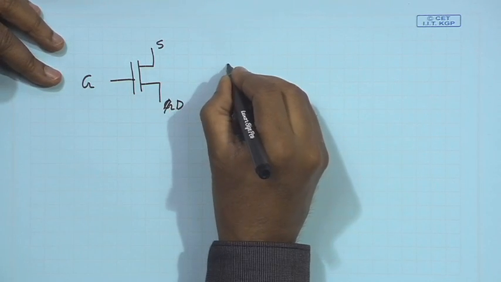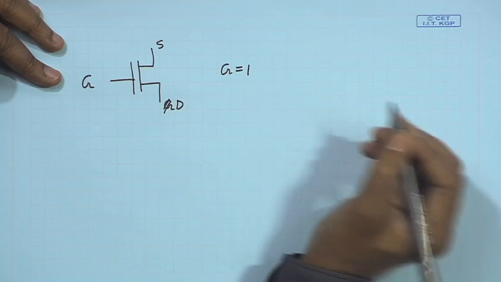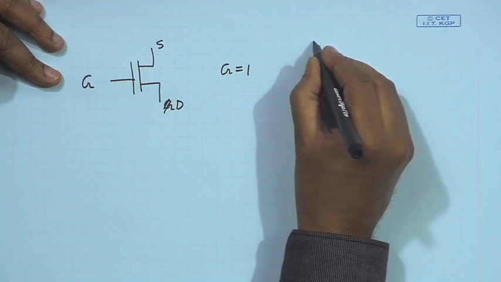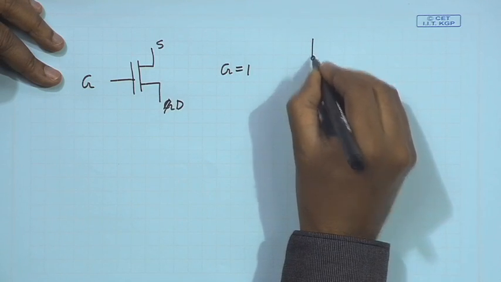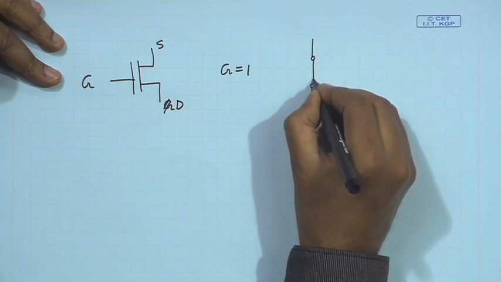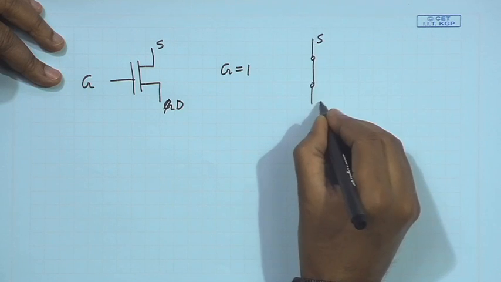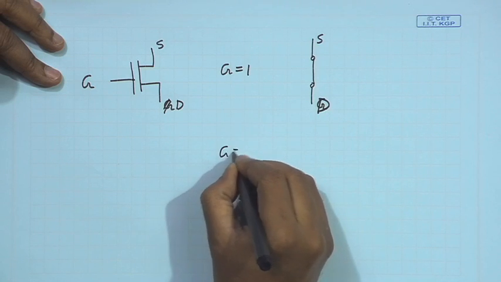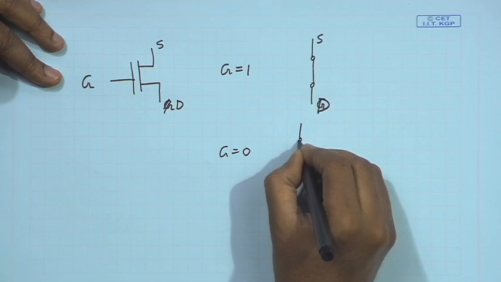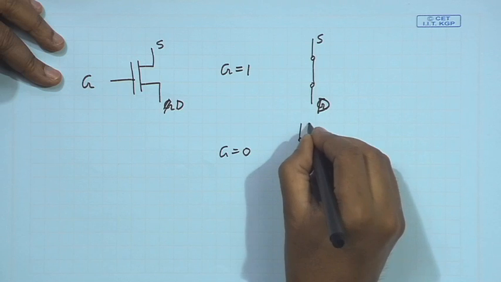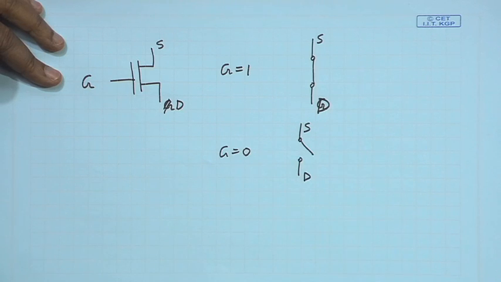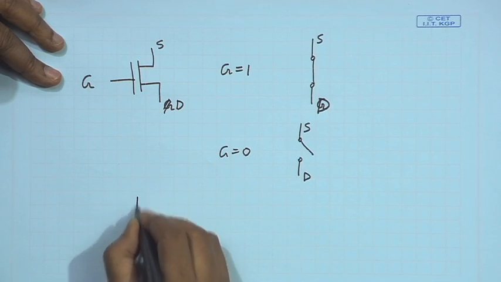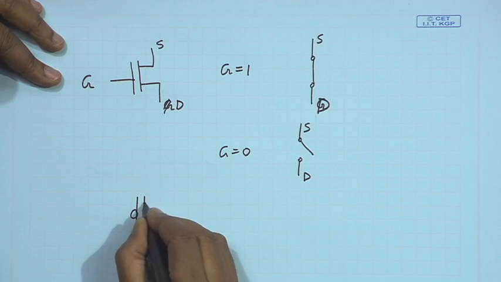If I apply gate voltage equal to high, then as if this is a switch which is getting connected, there is a connection between S and D, and if G is 0, then the switch will be disconnected, S and D will be disconnected. Now, if it is a PMOS transistor, it is just the reverse logic.